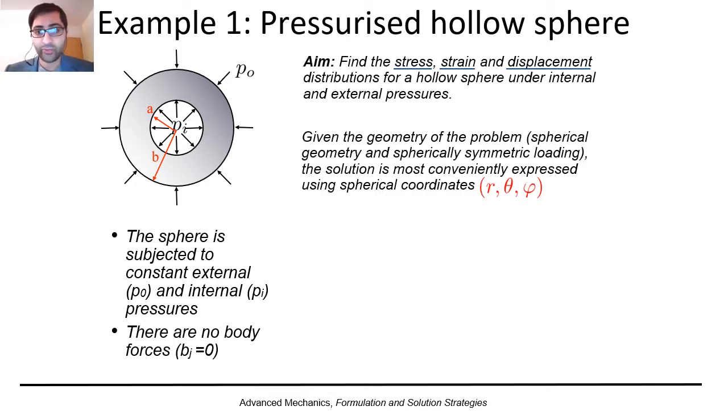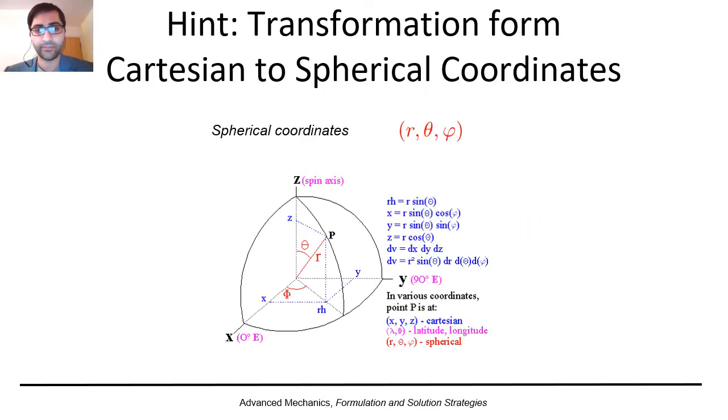Given the geometry of the problem, which is spherical, and the spherically symmetric loading that we have, the solution is most convenient to be expressed in spherical coordinates with respect to r, radius, theta, and phi, the angles. Here are some hints.